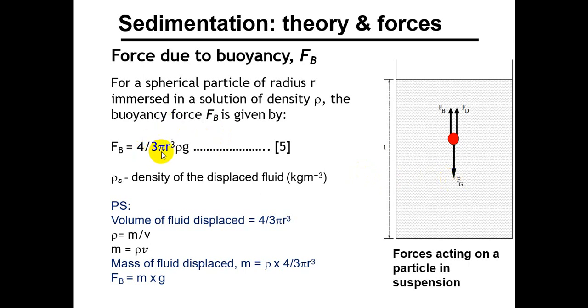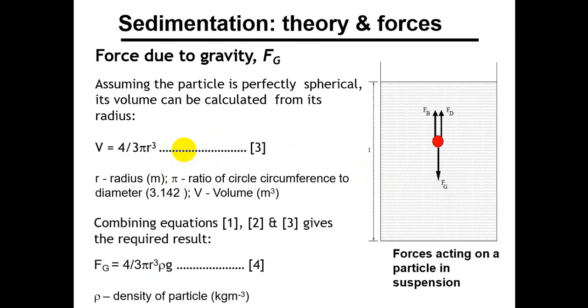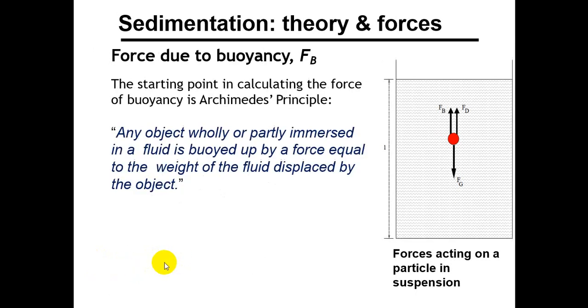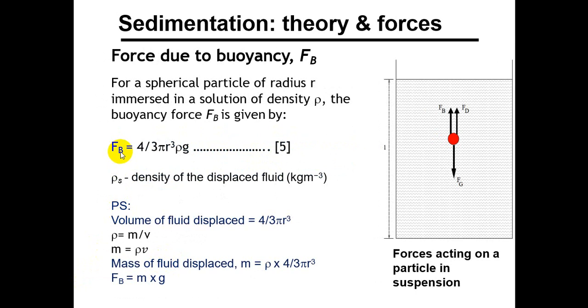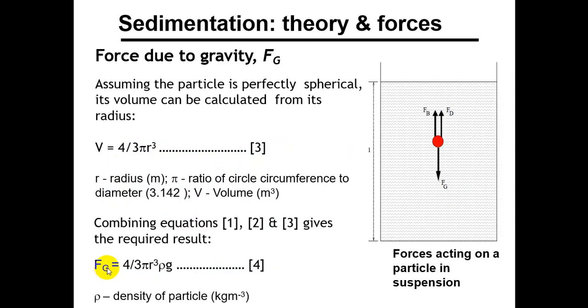You can see that 4 over 3 pi r cubed rho g is the same as what we derived for gravity. The only difference is that we have written Fg for gravity, and here it is Fb, force due to buoyancy. The only change is the letter, B for buoyancy and G for gravity.